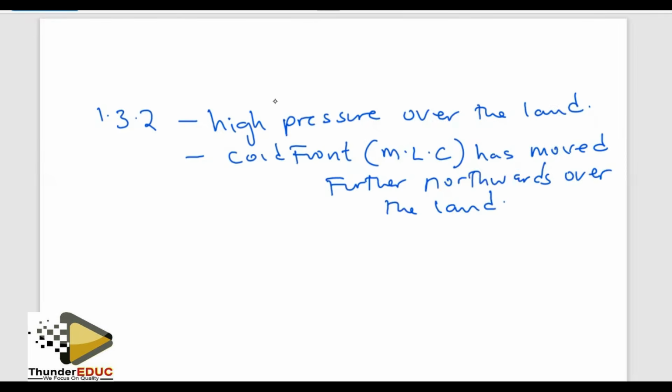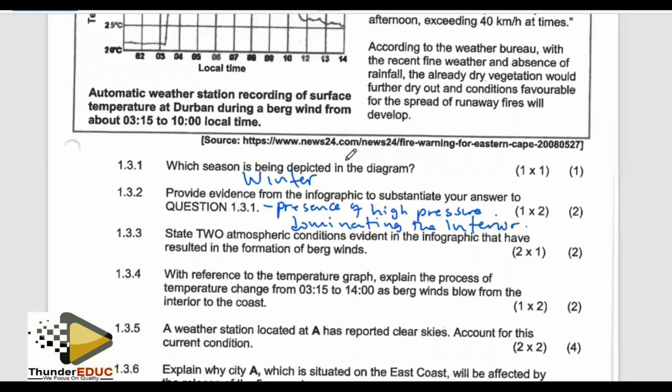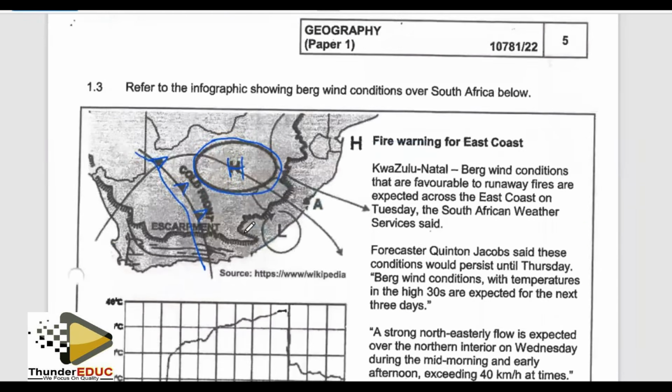So let's check again for clarity. You can see, like we mentioned, the cold front has moved further northwards over the land. Another evidence, we could look at the position of the high pressure cell. Normally, these high pressure cells in summer are situated a bit further away.